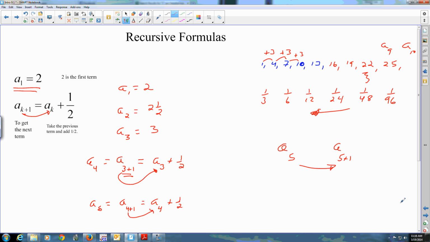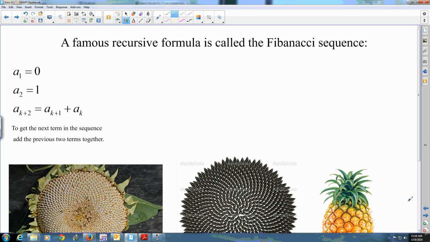Okay, we'll try some more. All right, here's a famous recursive formula called the Fibonacci sequence. In this one, they're actually giving you the first 2 terms. So the first term is 0, the second term is 1. To get the next term, take the one right before it and add it to the one before that.